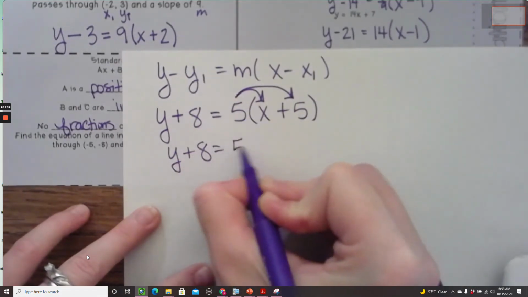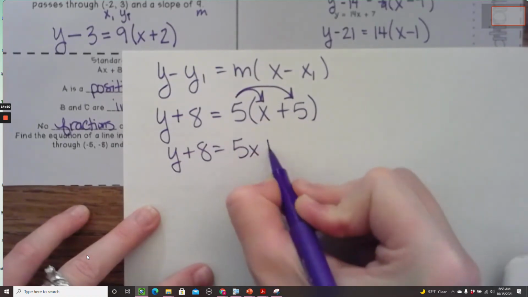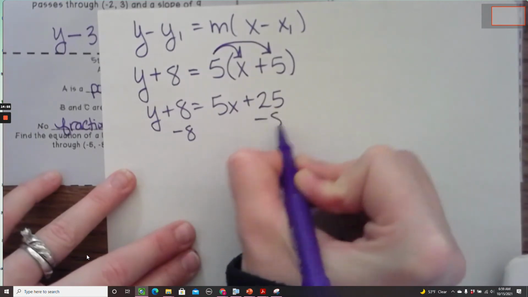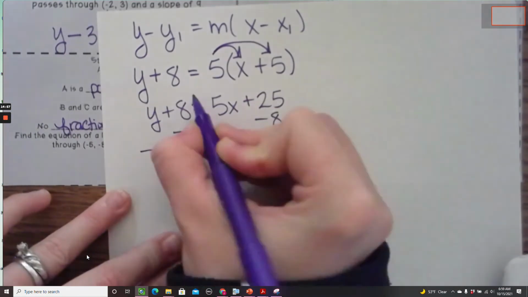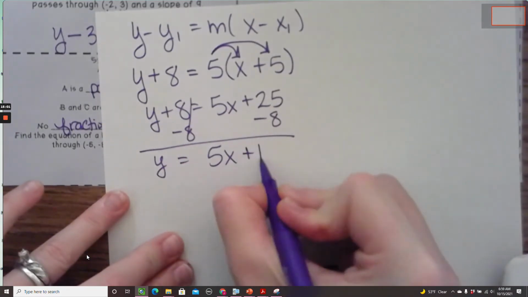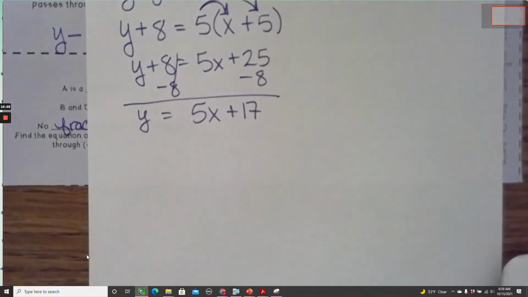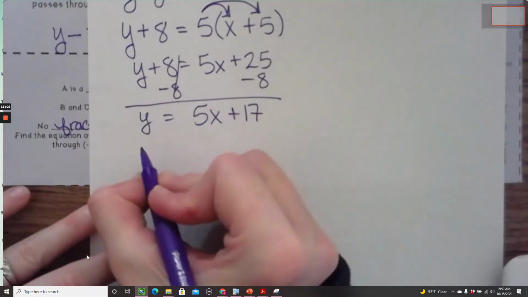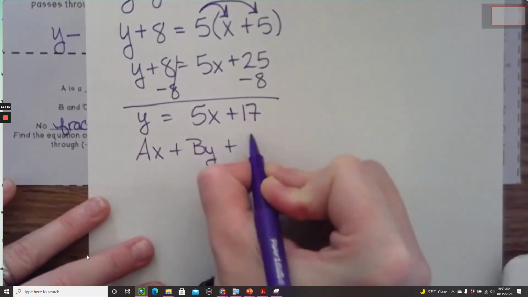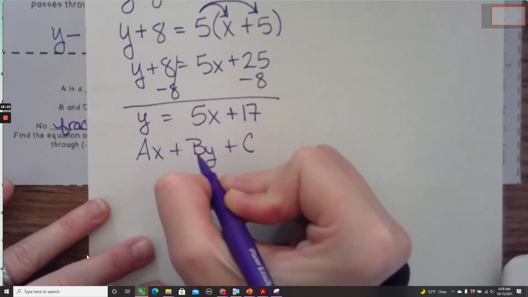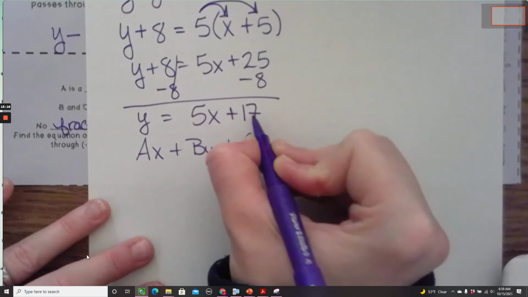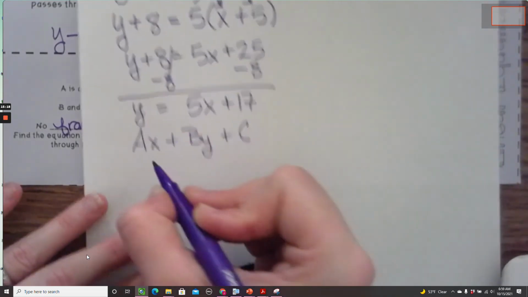So 5 times x is 5x, 5 times 5 is 25, and then I can subtract 8 from both sides, 25 minus 8 is a positive 17. Okay, so now I can put this in standard form. So we don't want the 5x to be negative, so I'm going to leave that 5x there. I'm going to move the 17 and the y.